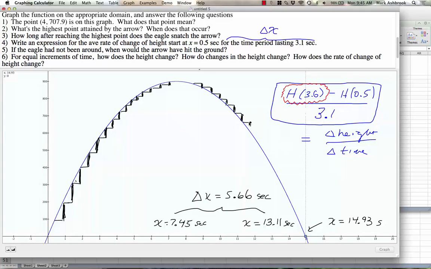Let's see if we learned anything last week. We're looking at the changes in height, these little vertical black bars that I'm drawing.